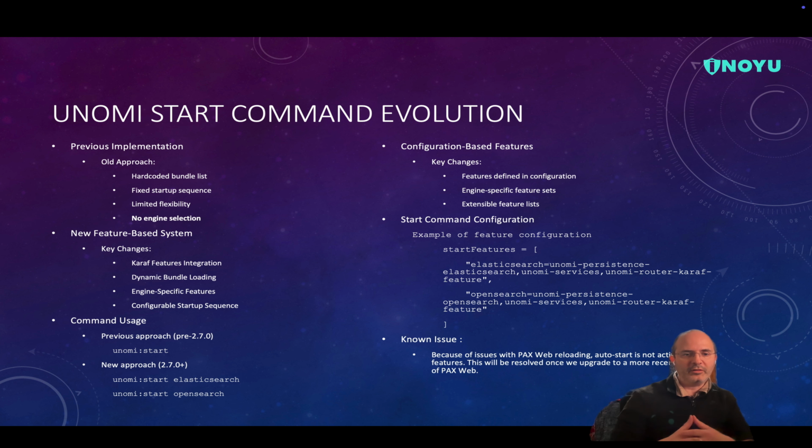I tried different solutions, but the best one was to separate all the startup elements into Karaf features, and then use configuration to list them. This is what you see on the right here. You can see which features are started for which subsystem. For Elasticsearch, we have the persistence Elasticsearch feature, Unomi services, Unomi Karaf router, and stuff like that.